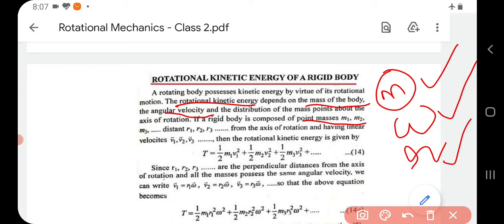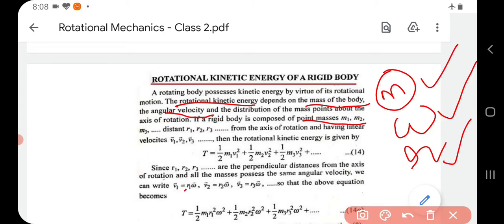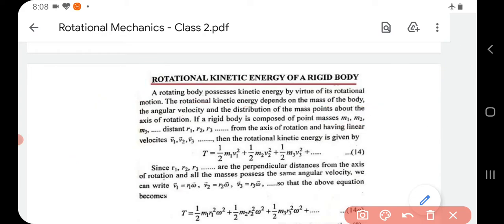We have already discussed in our first class that all the point masses possess the same angular velocity omega. So we can write the linear velocity of point mass 1 as v1 equal to r1 omega, and the linear velocity of the second point mass as v2 equal to r2 omega.